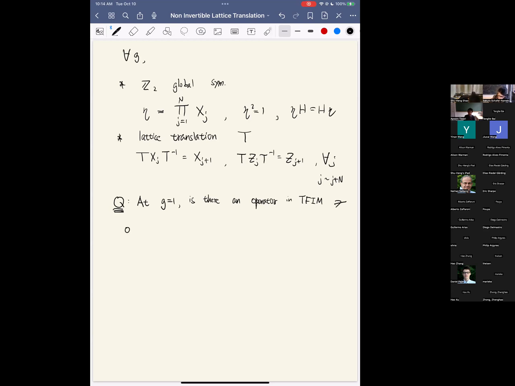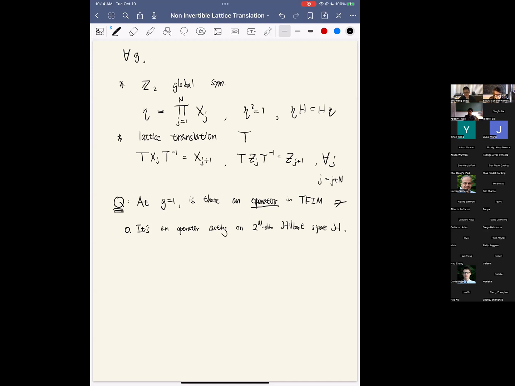Now, the zeroth order condition I would like to impose should already be implied by what I mean by an operator. And by an operator, I really mean it's an operator acting on the 2 to the N dimensional Hilbert space that we started with, H. I don't want to make the Hilbert space any larger.